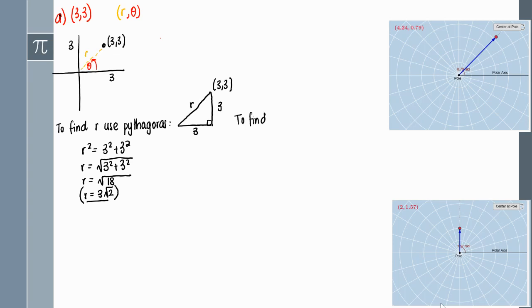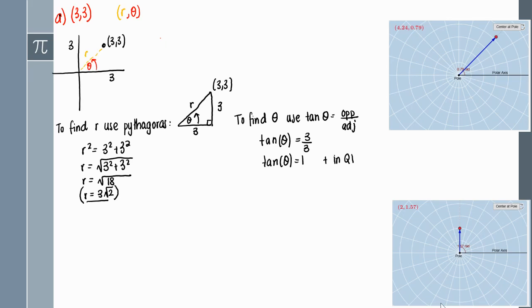To find theta, I always just use tan. We know tan theta in our case will be positive 3 over positive 3 because I'm in that first quadrant. Simplifying the right-hand side, I get tan theta equals 1.